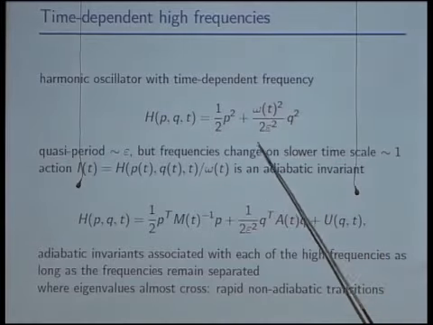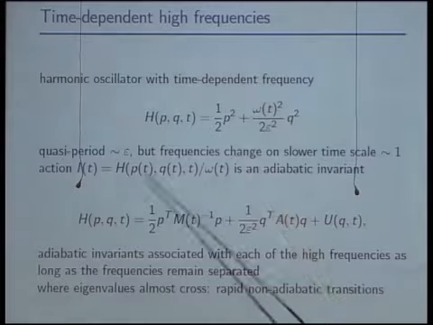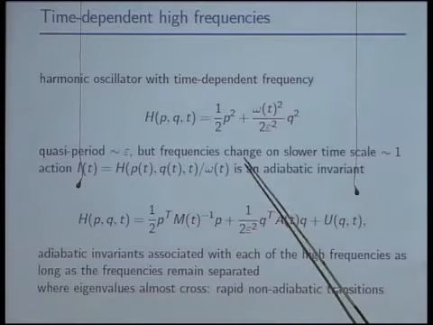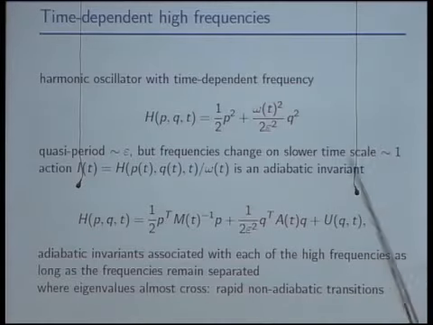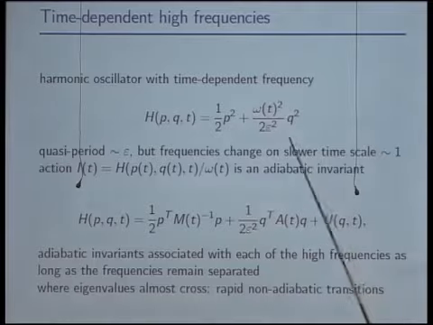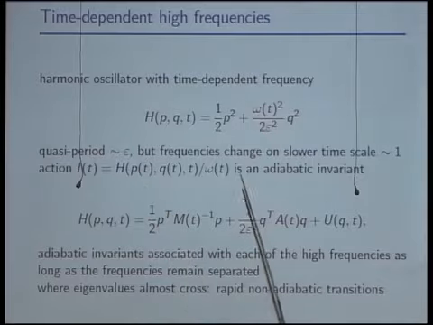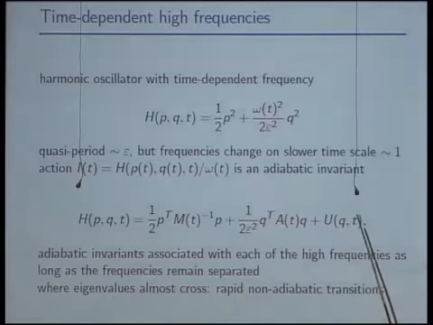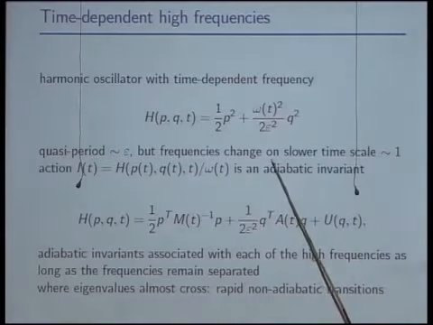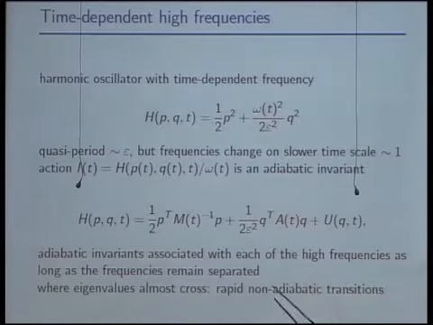So we have then a motion with a quasi-period approximately epsilon, but the frequencies would change on a slower time scale of 1. So here we have these two time scales, the slow time scale of the change of the frequencies and the fast time scale of the oscillations. And methods which work well for the constant frequency case typically don't work at all, or don't work in a reasonable way, for cases like this.